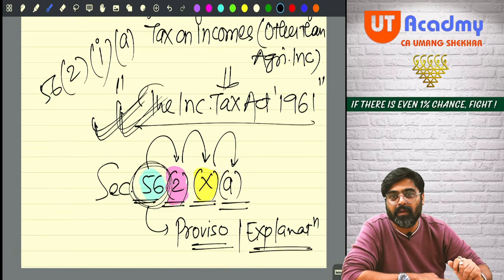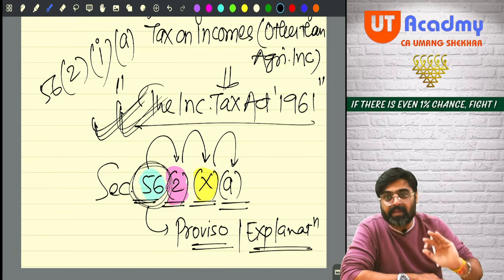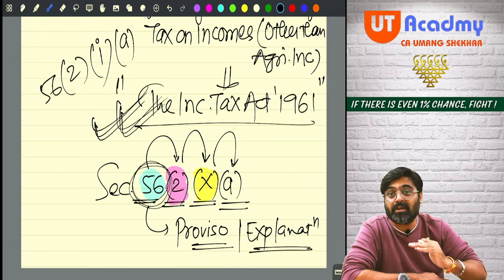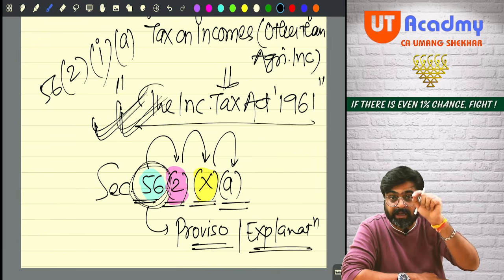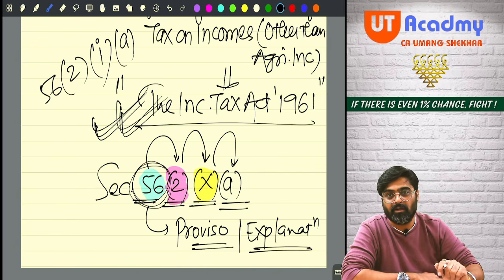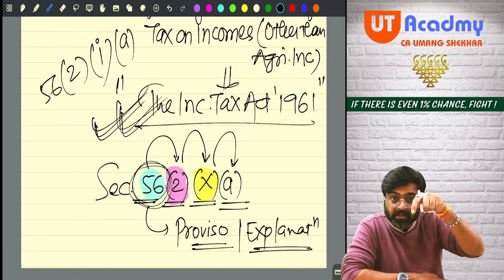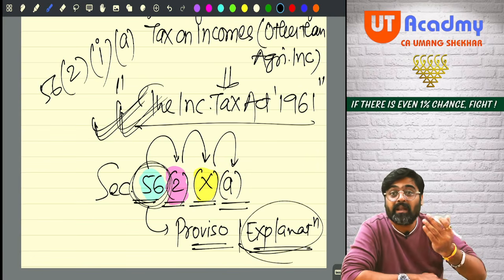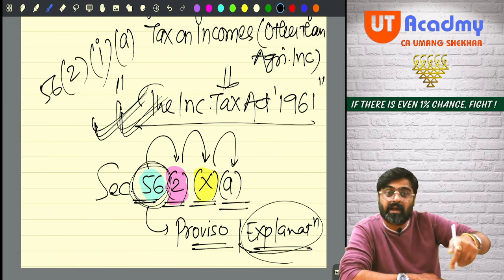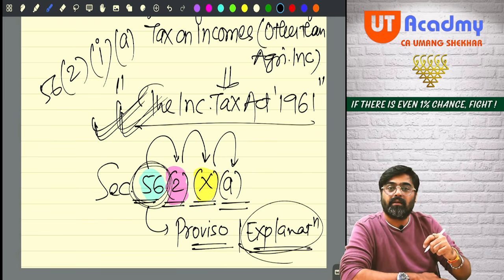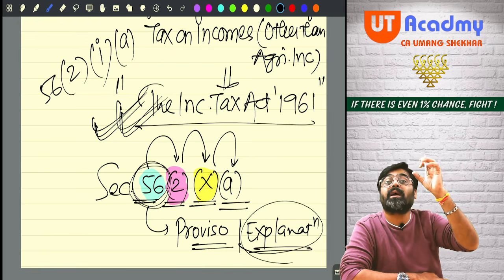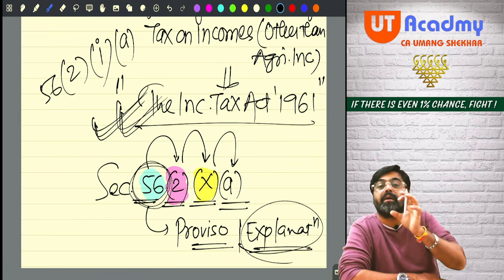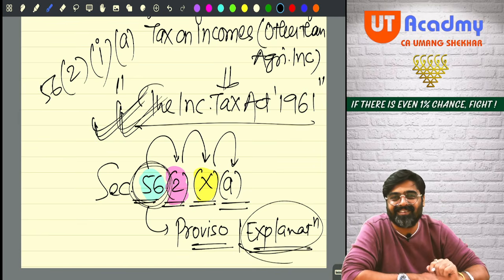Getting my point? But in the main section, if there are certain things which are supposed to be brought to your attention, certain things for which clarification needs to be given there only, those things are presented under the sections by way of what? Explanations. With an explanation attached to this section, you'll get a better understanding of certain things while following the provisions.